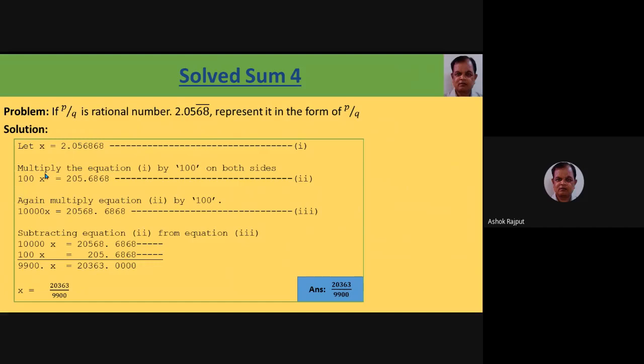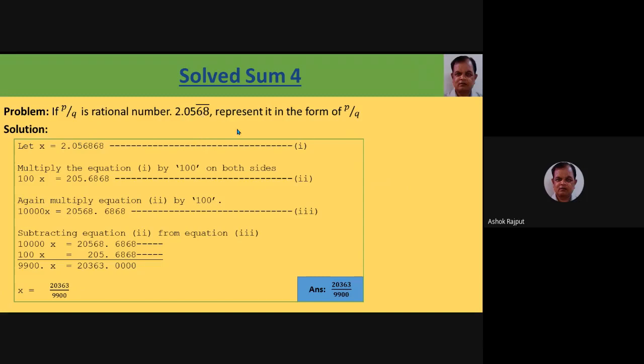Let x be given, x equal to 2.056868, and multiply equation 1 by 100 on both sides. Why have we multiplied it by 100? Because the bar is over 2 digits. If the bar is over 1 digit, then we multiply by 10. If the bar is over 2 digits, then we multiply by 100.